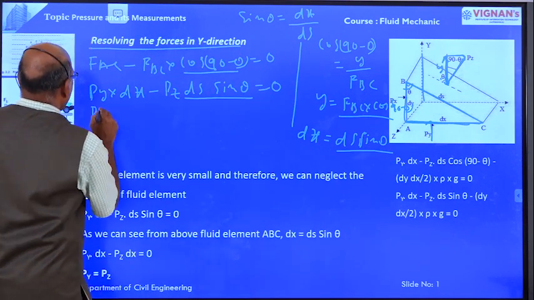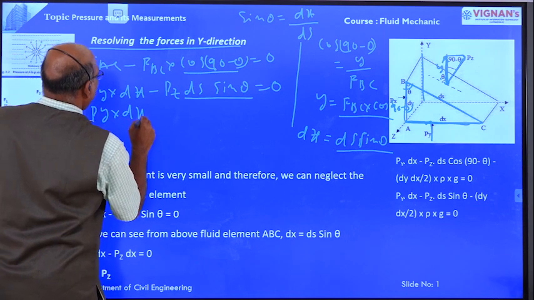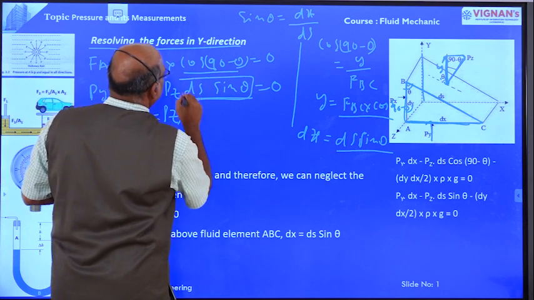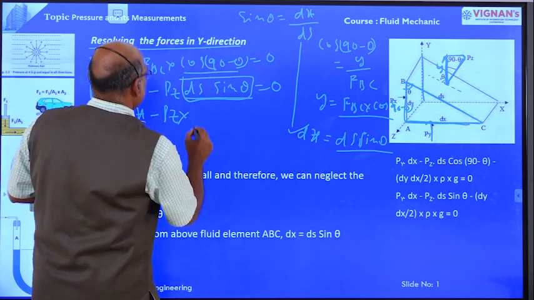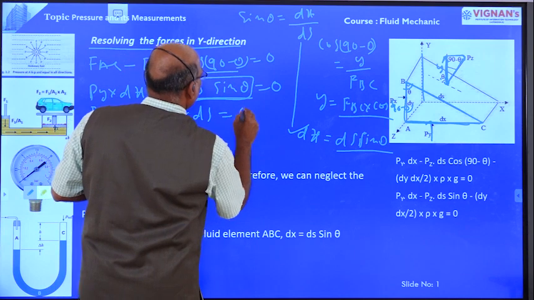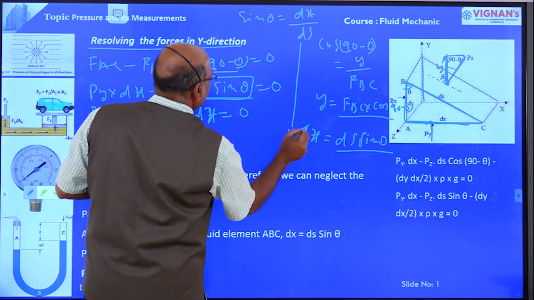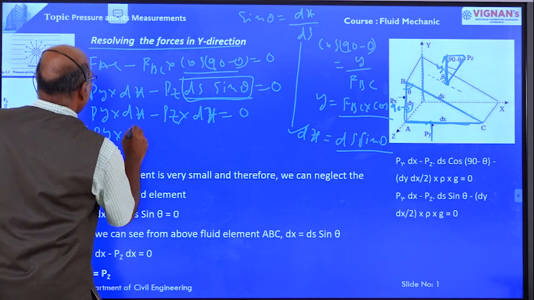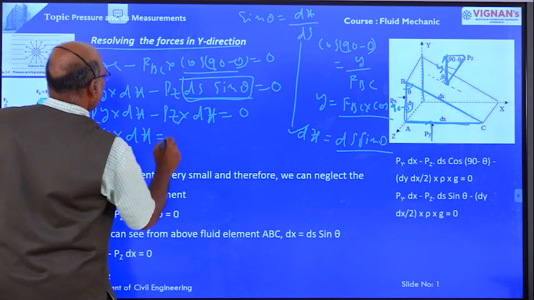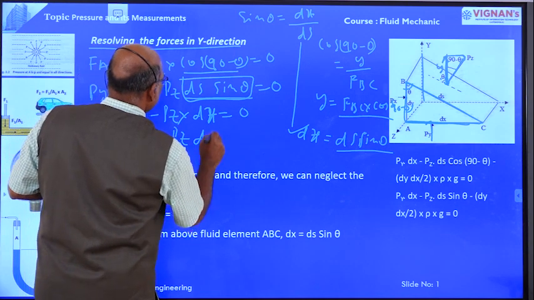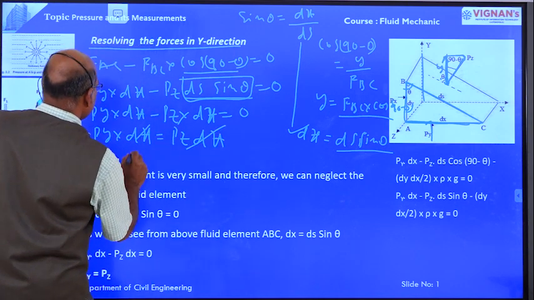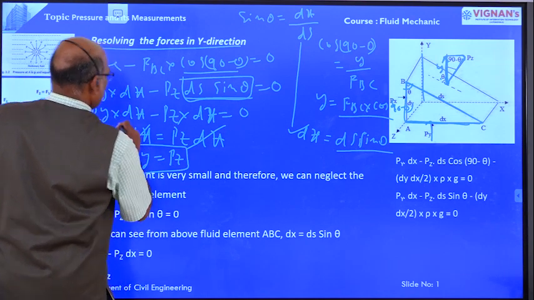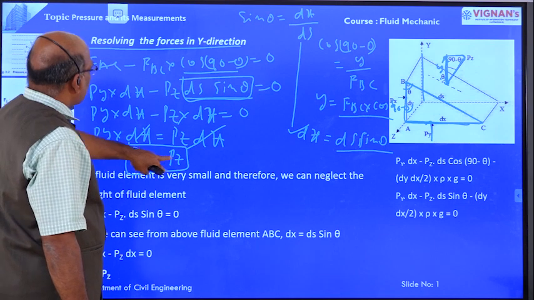Now Py into dx minus Pz into ds sin theta, we are going to take dx. Now Py into dx is equal to Pz into dx, dx gets cancelled. Therefore Py is equal to Pz. This is the relation: Py is equal to Pz.